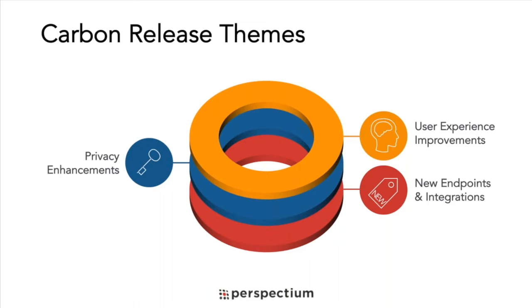There's those user experience improvements we spoke about earlier, including Nucleus, about which we're pretty excited. Those privacy enhancements, which will help you towards your GDPR certification, and then those new endpoints and integrations and data center updates and all of those kind of things all go together to make up the Carbon release.